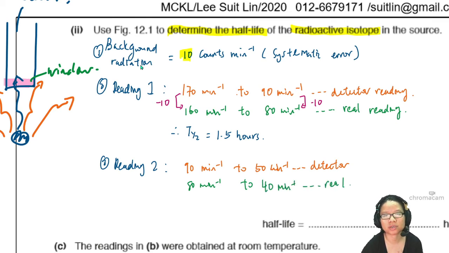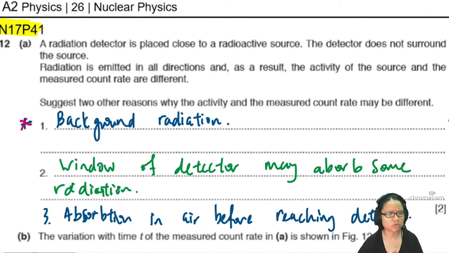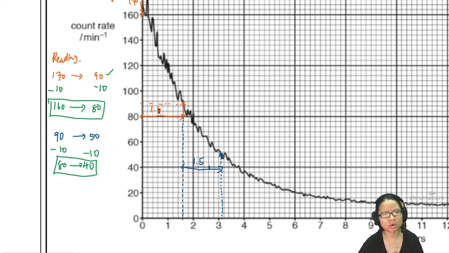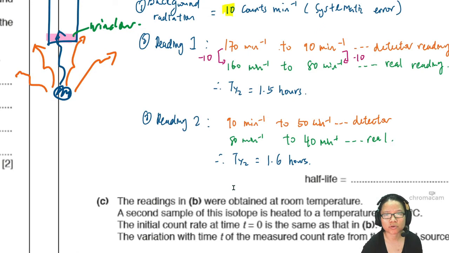This is the real reading. So hence, from the graph, this half-life was 1.6 hours, I believe. Okay, so once we have these two readings, but let me double check first. Is it 1.5 and then 1.6, or is it 1.6 then 1.5? 1.6 then 1.5. Okay, my bad. Hang on. 1.6 then 1.5.